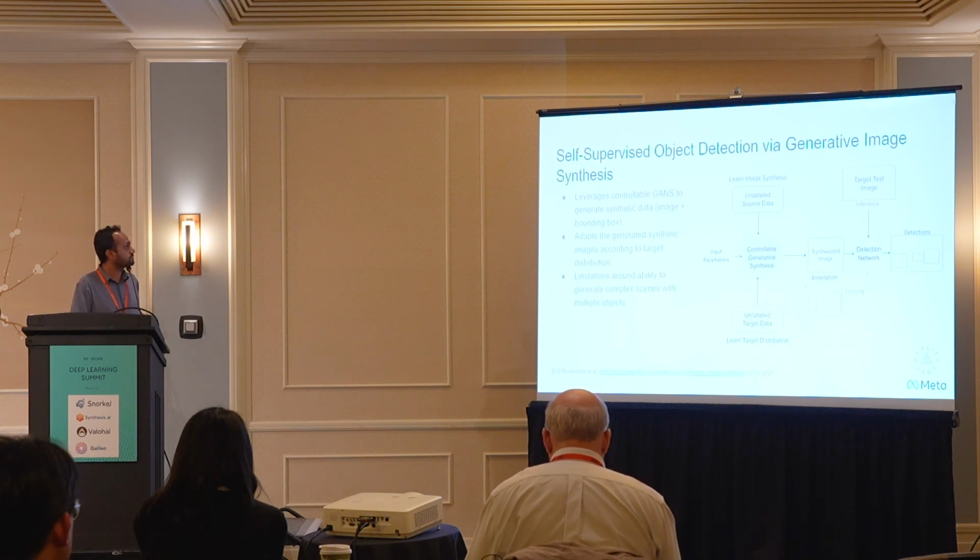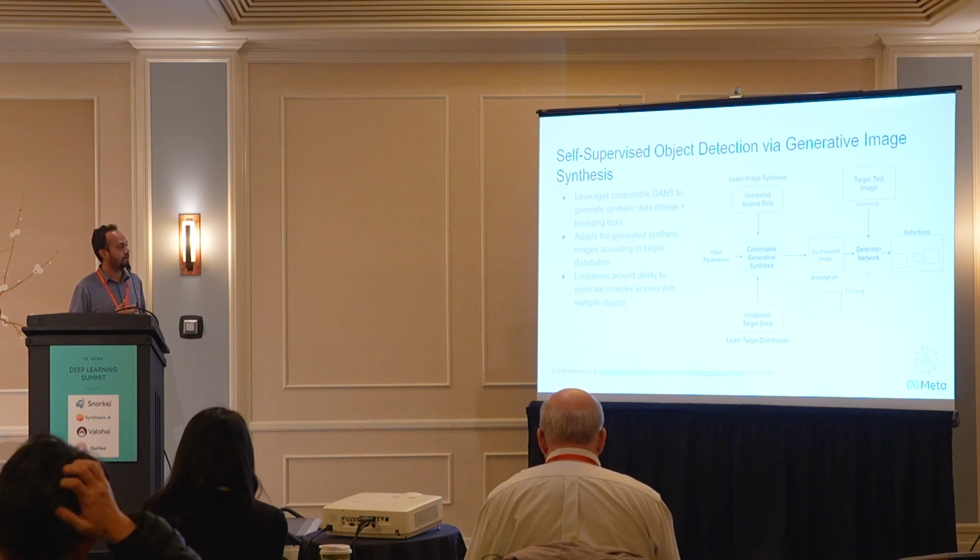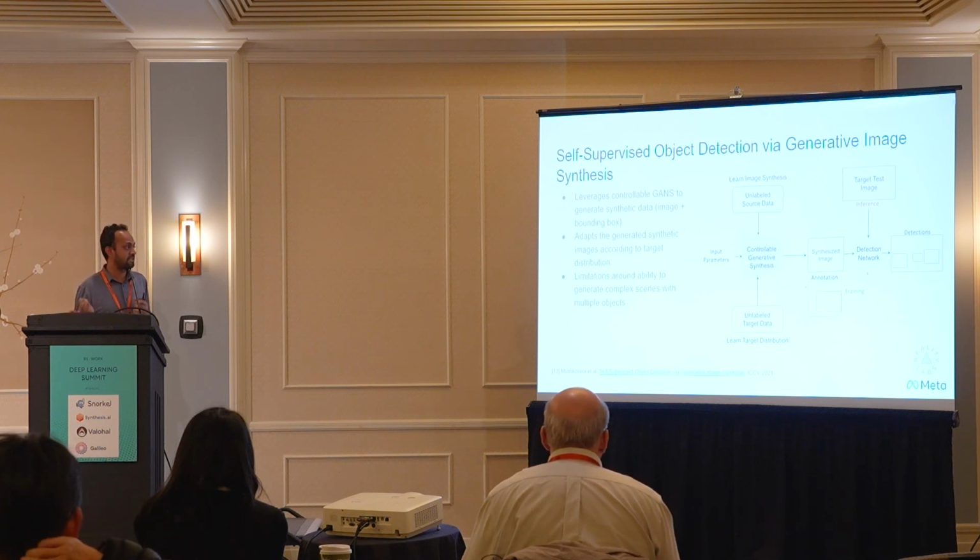Another interesting work that we published, I think 2 years back, was using GANs to create synthetic data, but using unlabeled real data completely. We use BlockGAN here, which is a controllable 3D-aware GAN that can be used to create a large amount of synthetic data, and you can also get labels out of it.